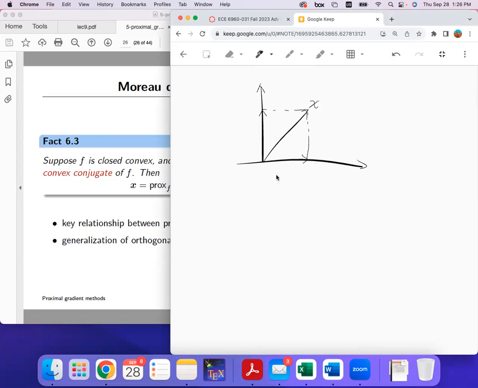Yes. This is just a figure in two dimensions, but x is a high dimensional vector, and you can view the x-axis as one subspace, which we can call V, where the y-axis corresponds to V complement, the orthogonal complement of that subspace.